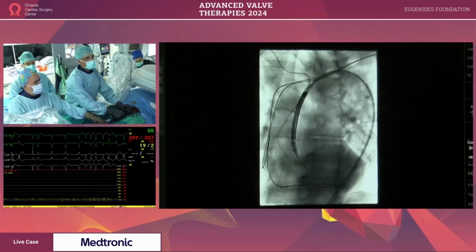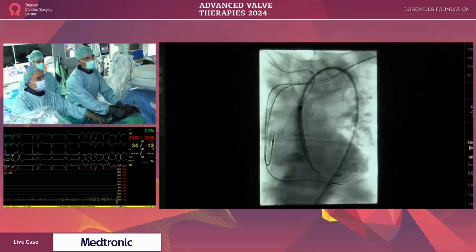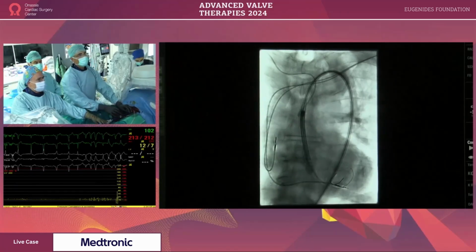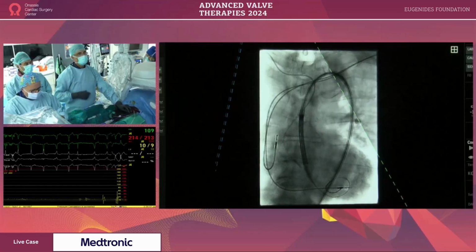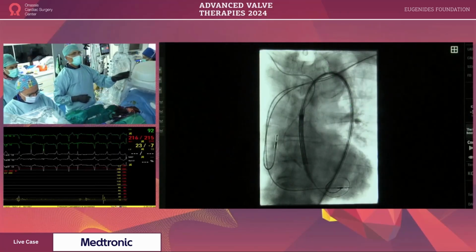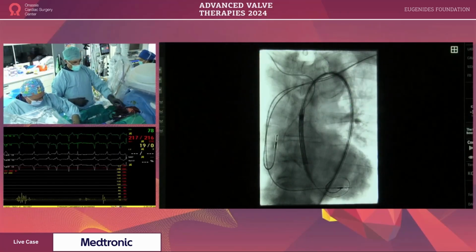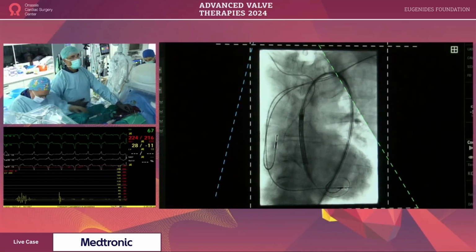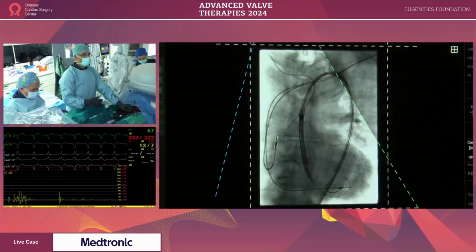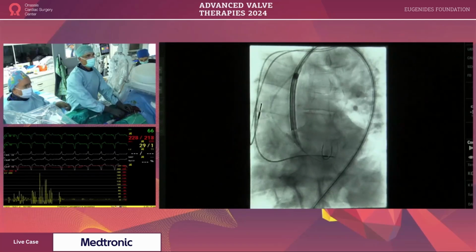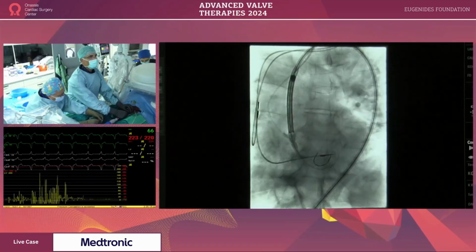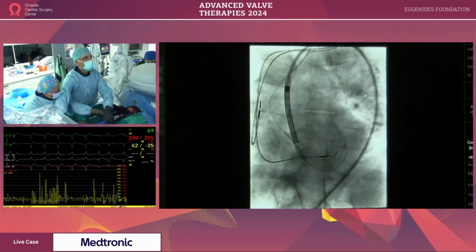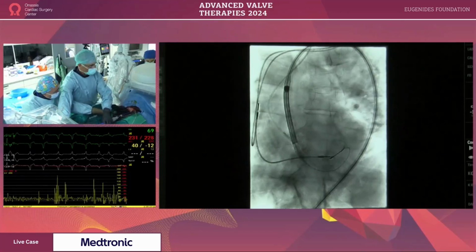At this time, when we cross the valve, most of the time we tend to retract the wire a little bit, just to avoid tension on the aortic arch, because this is the time that we know most of the emboli come from, when the valve crosses the aortic arch. So you see, it's not the best trajectory. We're losing the wire a little bit. We have to press the wire a little bit.